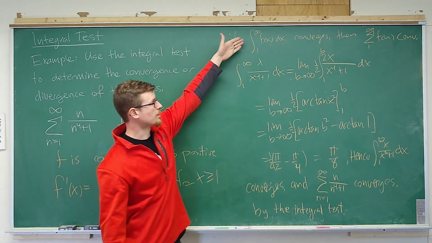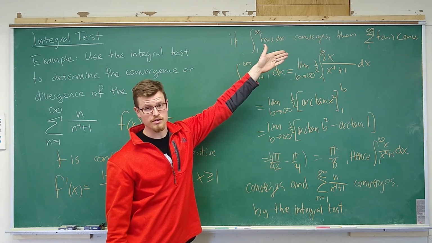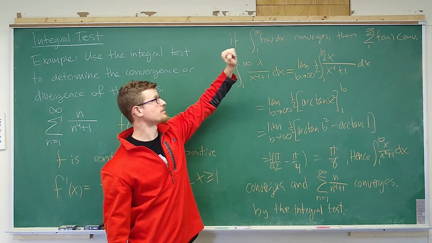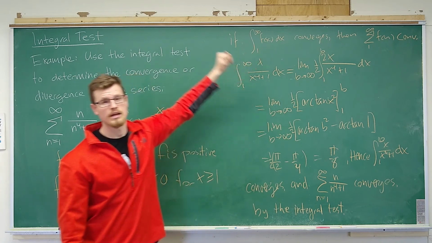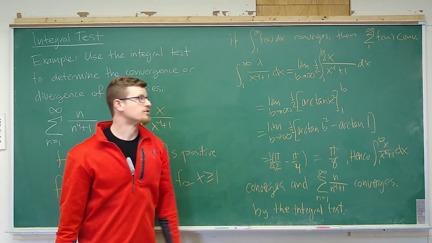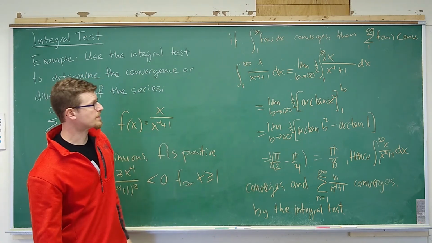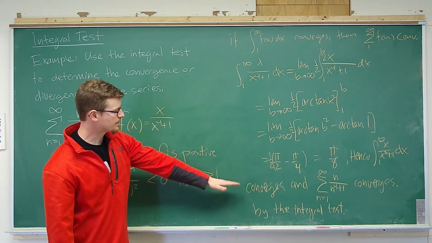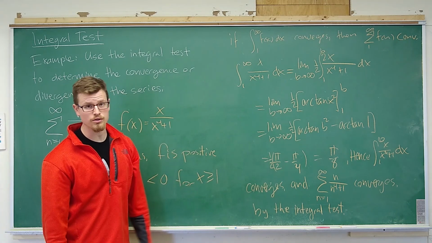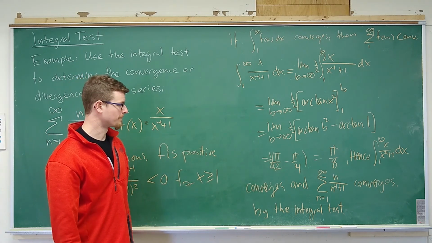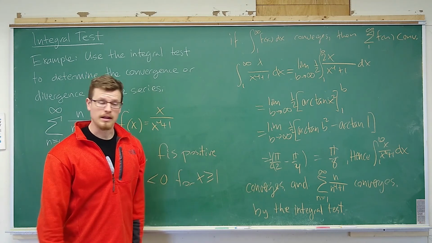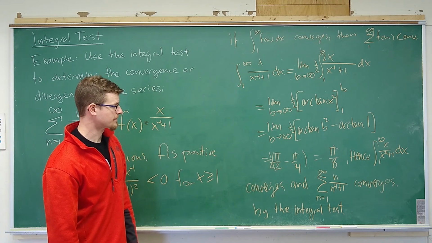So when the integral converges, the series converges. When the series converges, the integral converges. Same can be said about when it diverges. When one diverges, the other diverges. So in this case, the integral converged, so we conclude that the series converges as well. And that's how we handle the integral test.